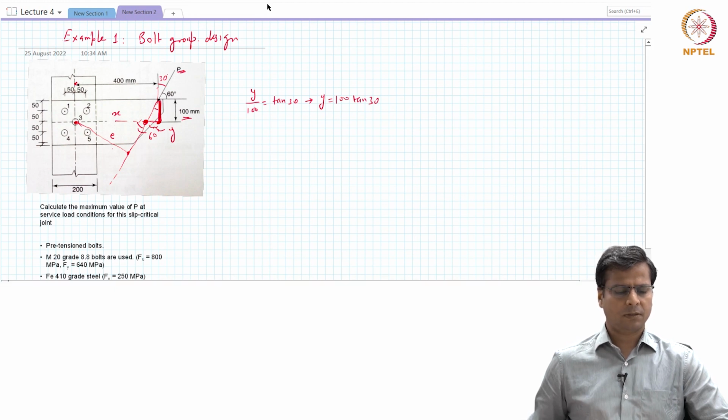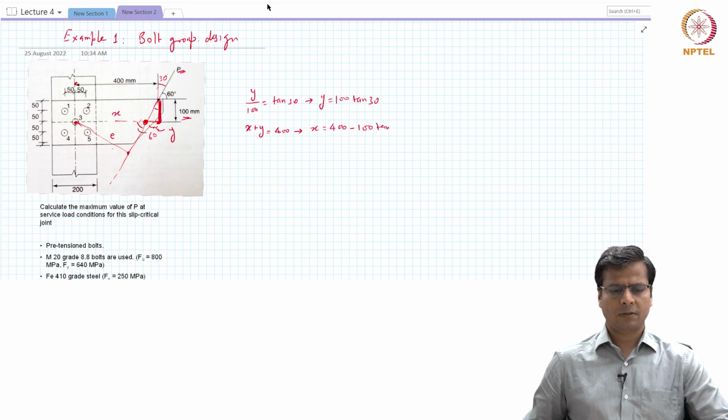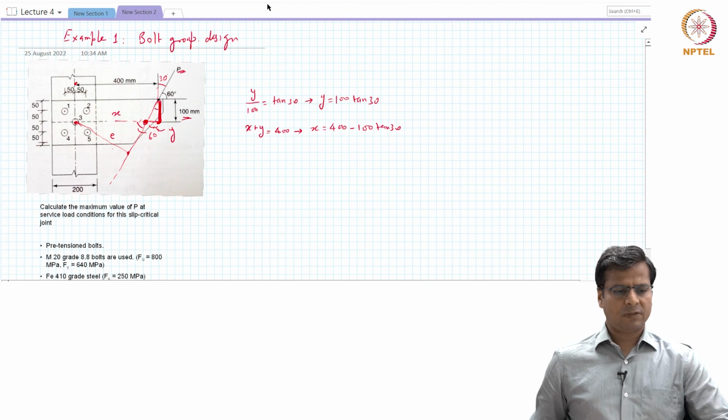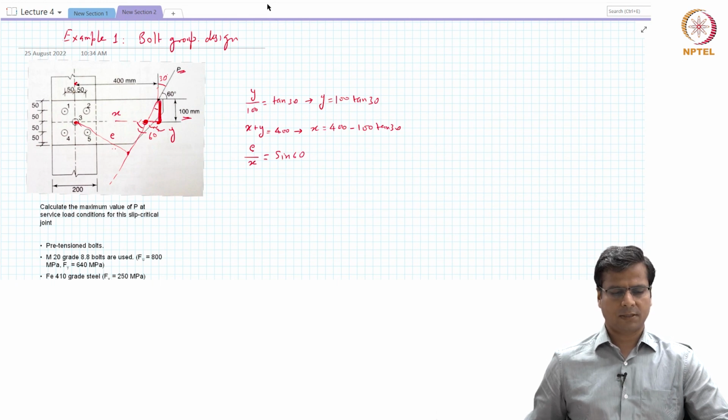Now we know that X plus Y is equal to 400, which means that X is equal to 400 minus Y, and Y is equal to 100 tan 30. So we can calculate the value of X. Once we know the distance X, we can calculate distance E, because the relationship between E and X is sine 60. E divided by X would be equal to sine 60.